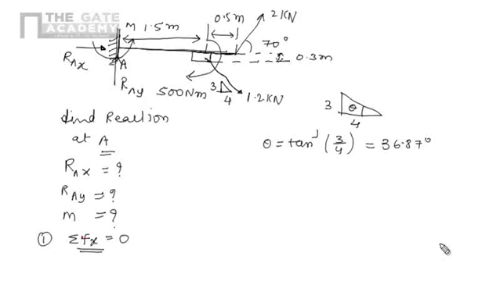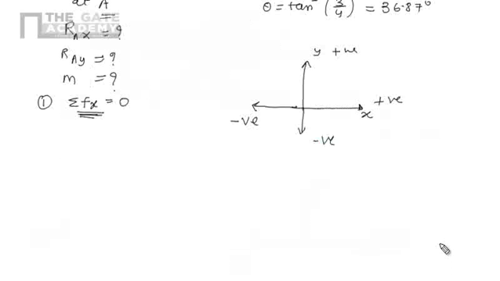On applying condition number 1, the algebraic summation of all the horizontal forces should be 0. First we show our sign convention: positive x is positive, negative x is negative, positive y is positive and negative y is negative. So RAX is in the positive direction, plus the horizontal component of 2 kilonewton, that is 2 cos 70, acting in the positive direction.